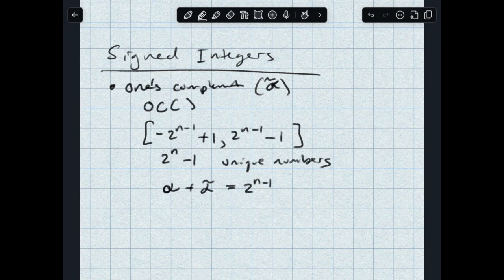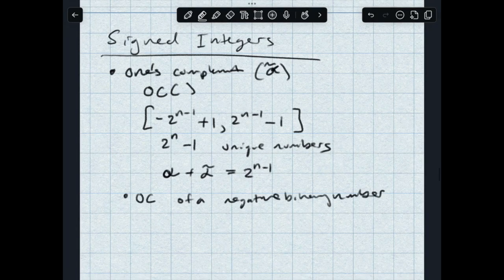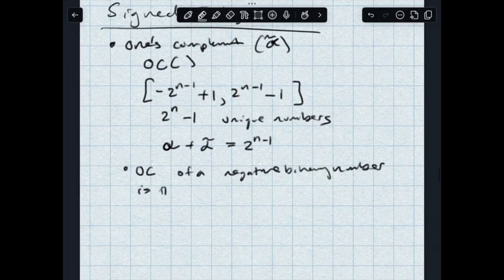So how does this work? Well, the 1's complement of a negative binary number is the bitwise not of its positive counterpart.